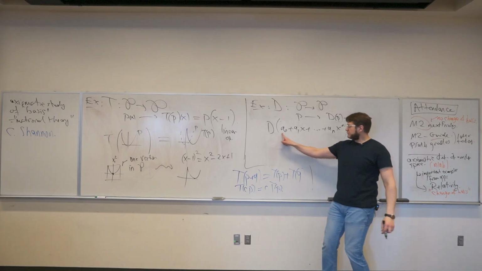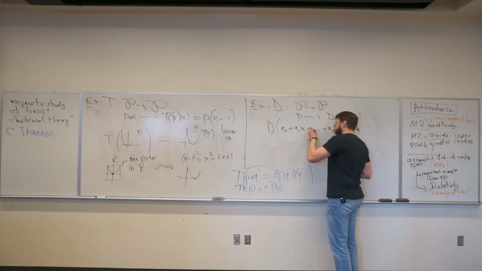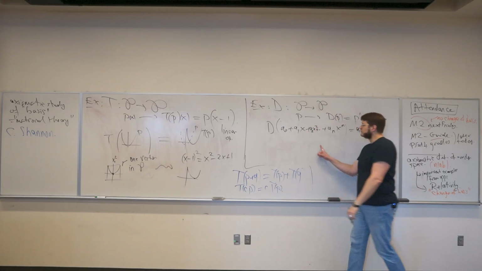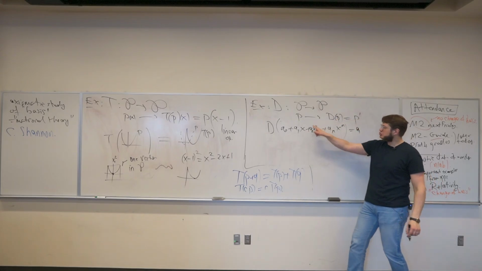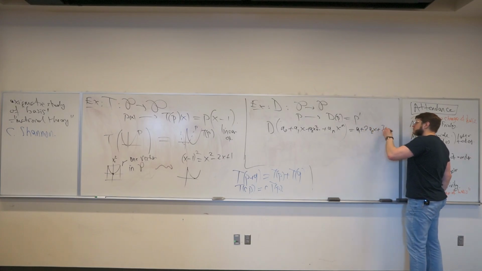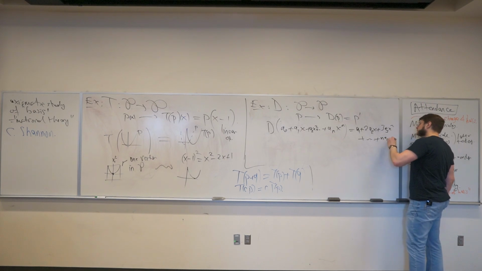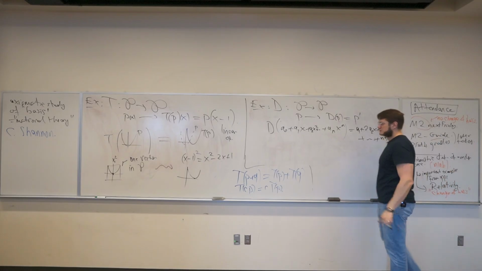So this becomes a1. Here I had a2 x squared, so a2 x squared is now 2 a2 x. And then 3 a3 x squared, and so on. Finally, I'm left with n times a sub n times x to the n minus 1.